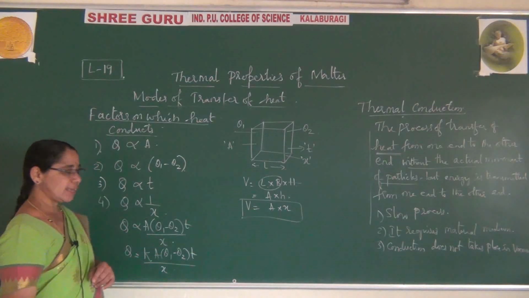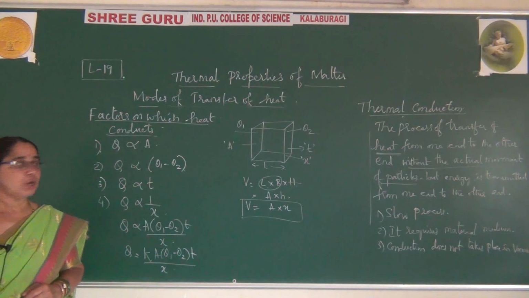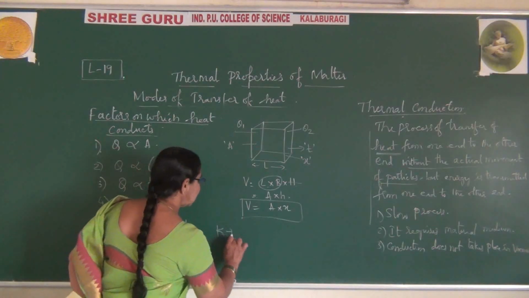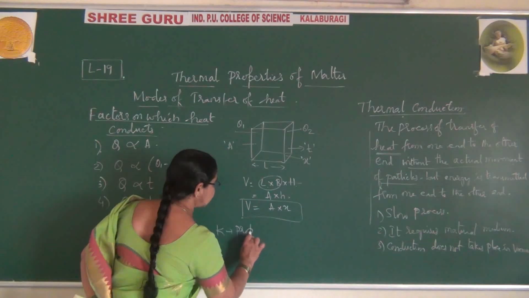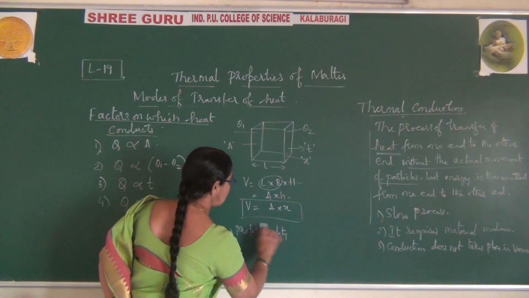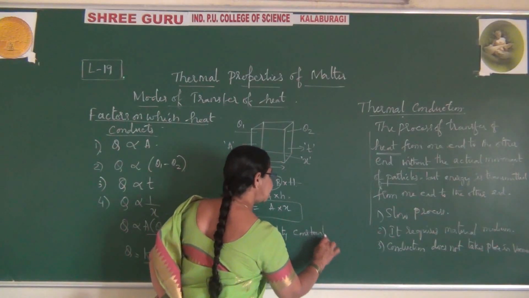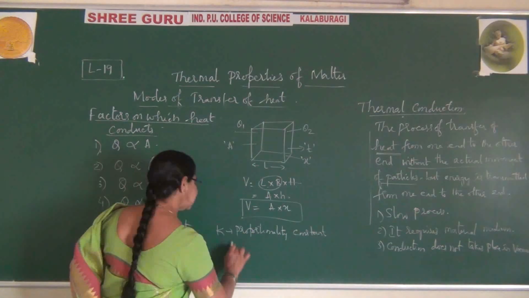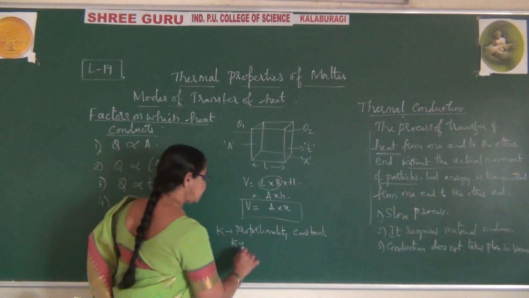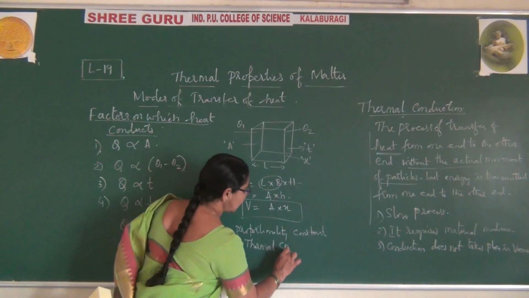What is this k called as? K is called the proportionality constant. At the same time, this k is called thermal conductivity.